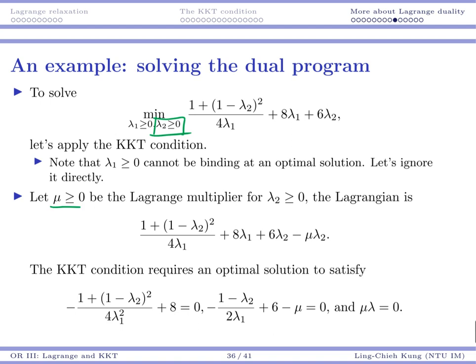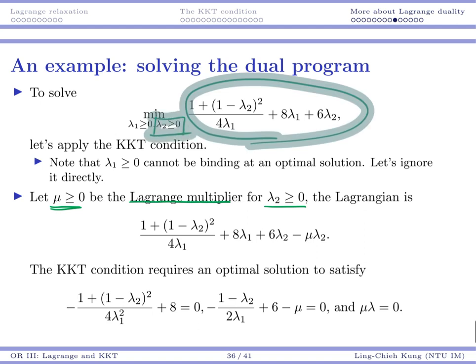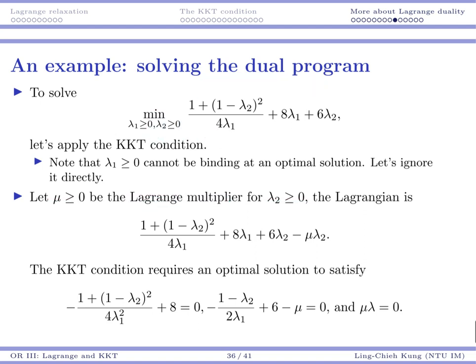So let's associate mu as a Lagrange multiplier for the non-negativity constraint for lambda 2. In this case, you consider this one as another new primal problem. Then you would get your Lagrangian as you add this to the objective function by adding the term minus mu lambda 2 here.